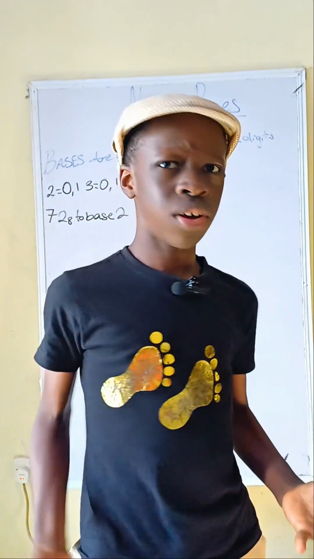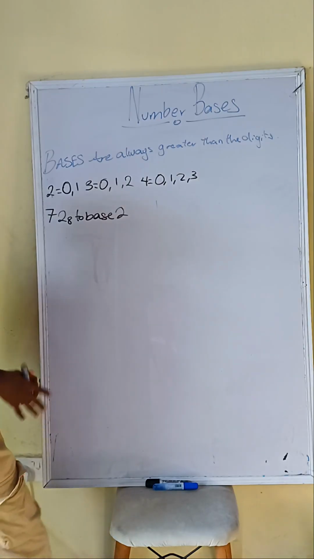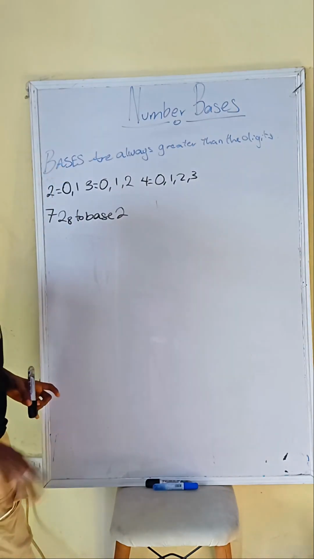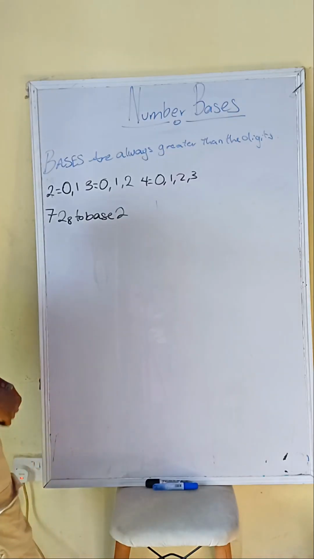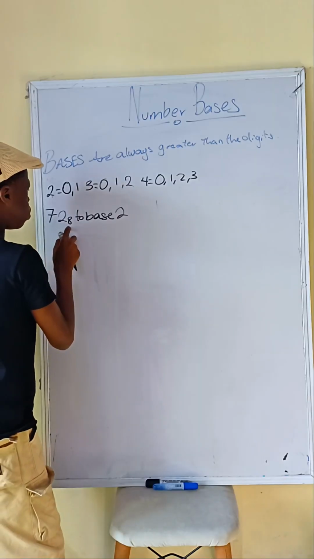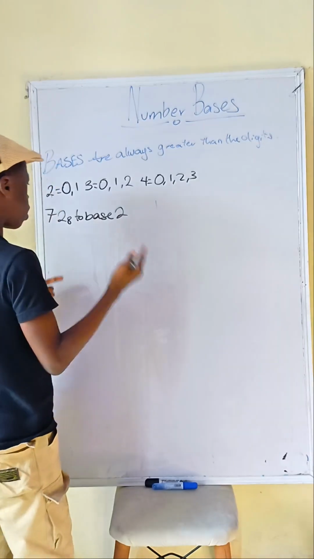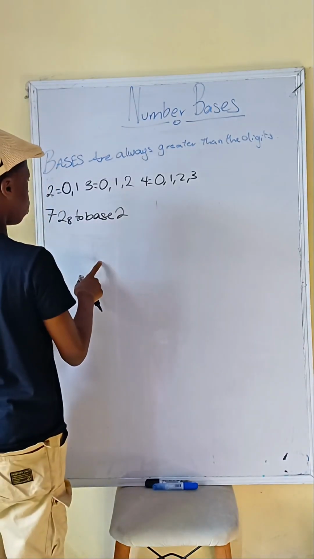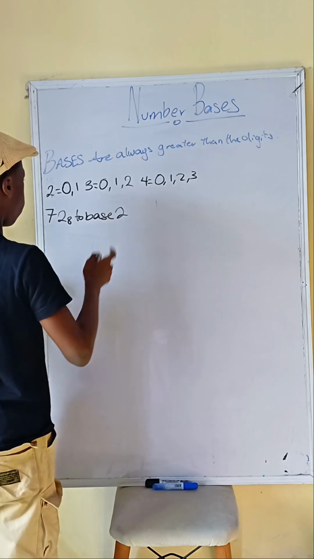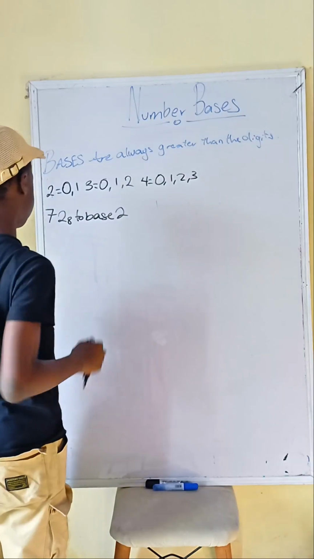Okay, so we're changing from a base to any other base without base 10 being involved. So now let's look at this question. We don't use the tabular method directly, but we turn this 72 base 8 to base 10, because the tabular method only works when converting from base 10 to another base.